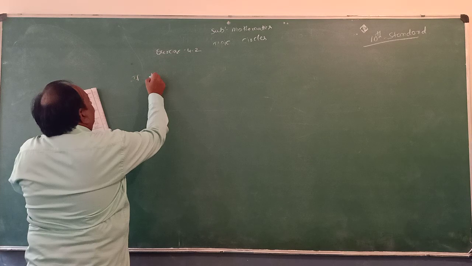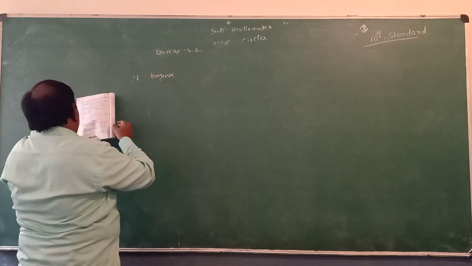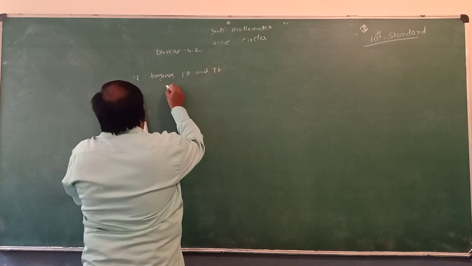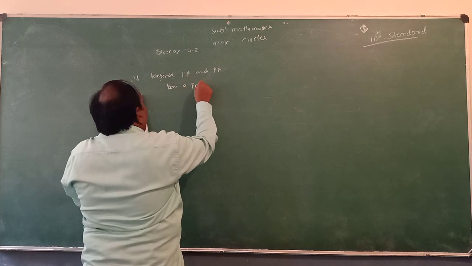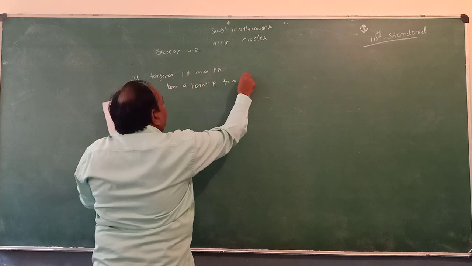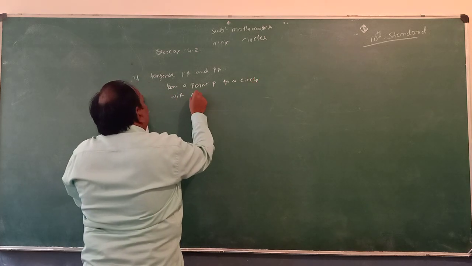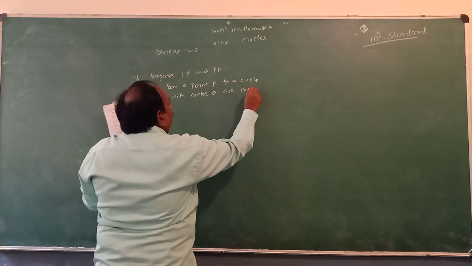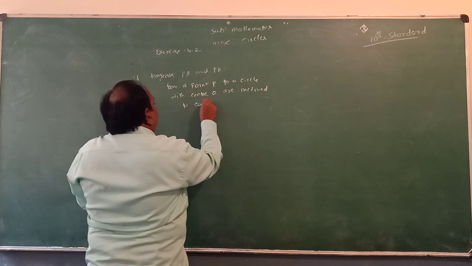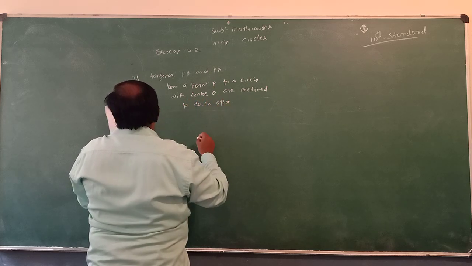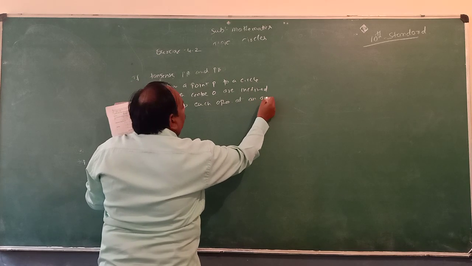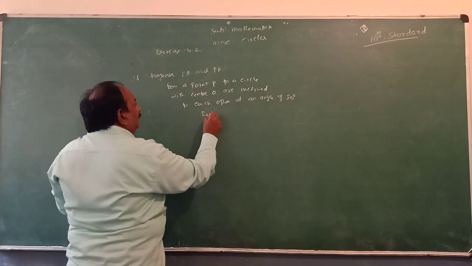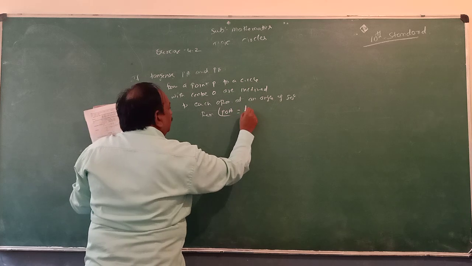Next problem. If tangents PA and PB from a point P to a circle with center O are inclined to each other at an angle of 80 degrees, then angle POA is equal to dash.